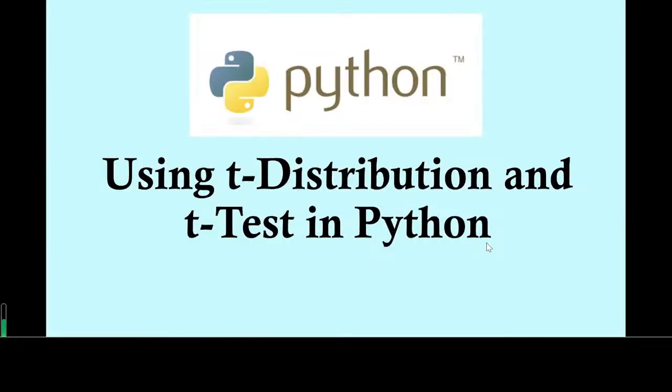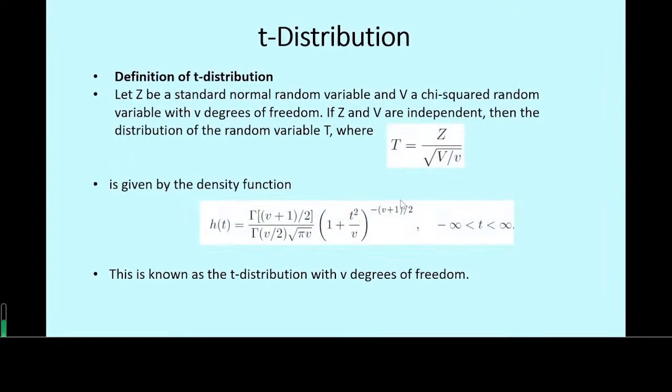In this video, we will introduce the t-distribution and show how to calculate the t-distribution and t-test in Python. The t-distribution is related to the normal distribution and the chi-square distribution. So we look at a variable called t.